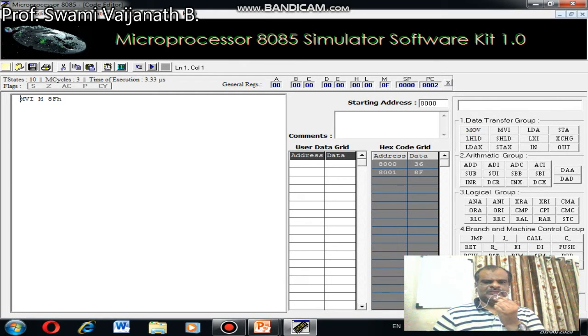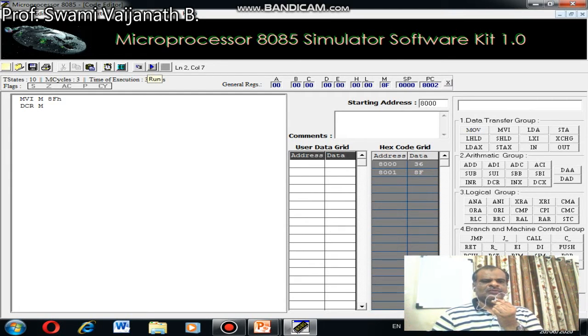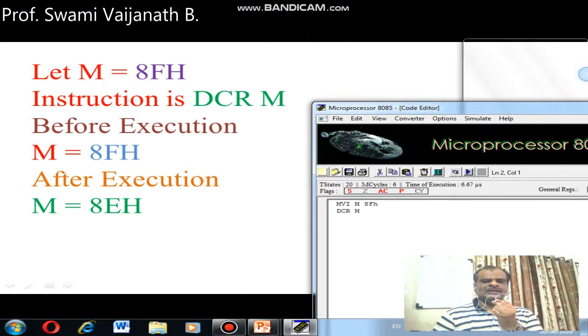Look here, the value of M is seen as 8FH. When I execute the instruction DCR M, the content of M is decremented by 1, and we see that the value of M is 8EH.